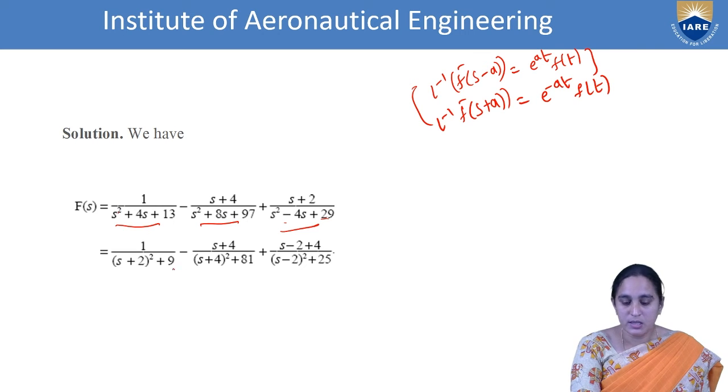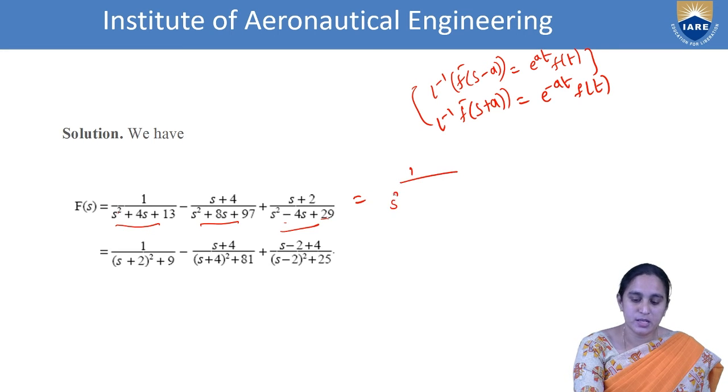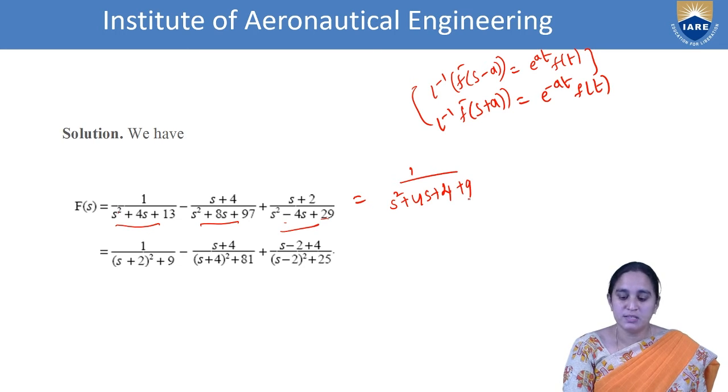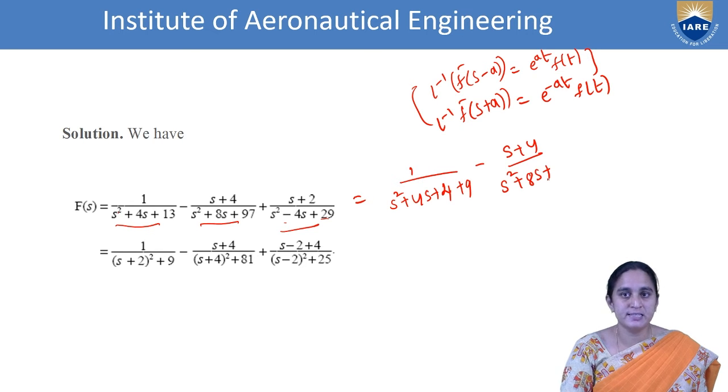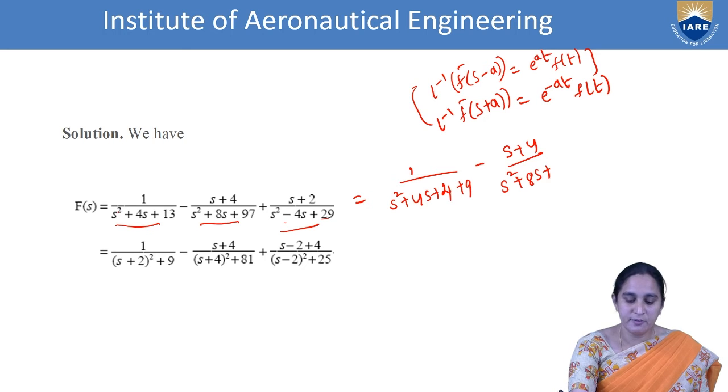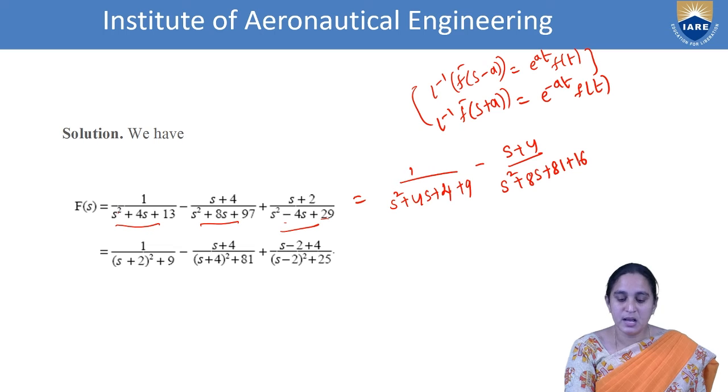Now, after this step, that is 1 by s square plus 4s plus 4 plus 9, minus s plus 4 by s square plus 8s, and now I'll separate 97. I'll write 97 as 81 plus 16. 81 plus 16 is how much?